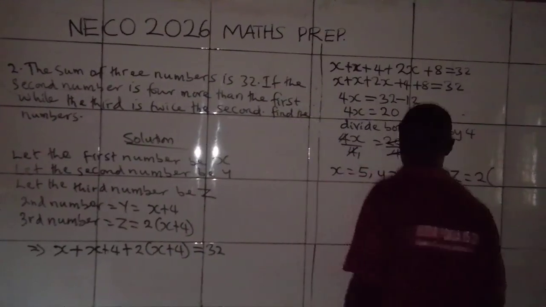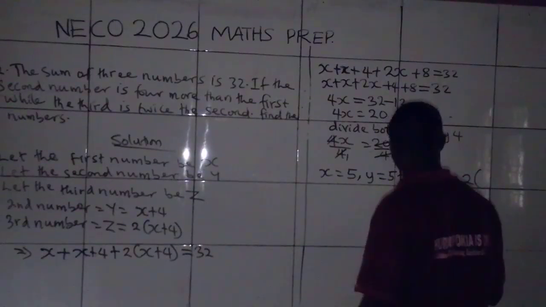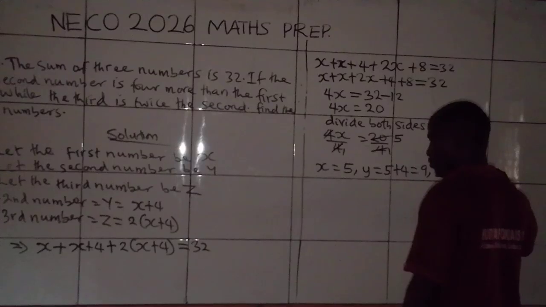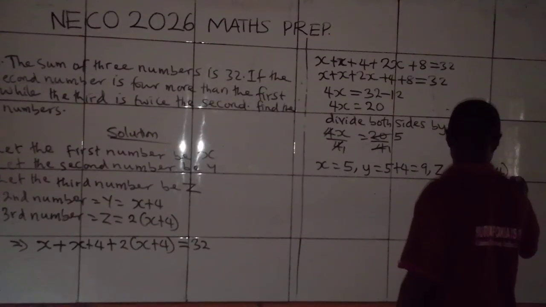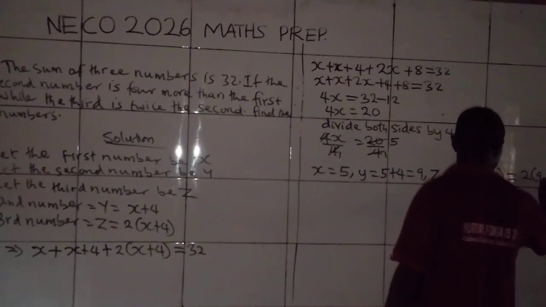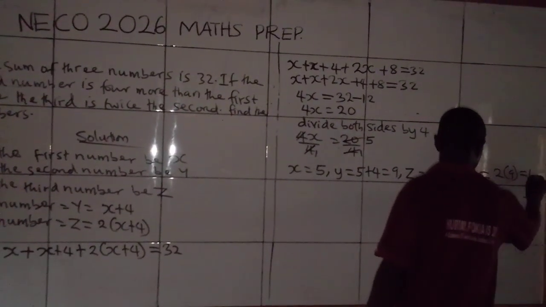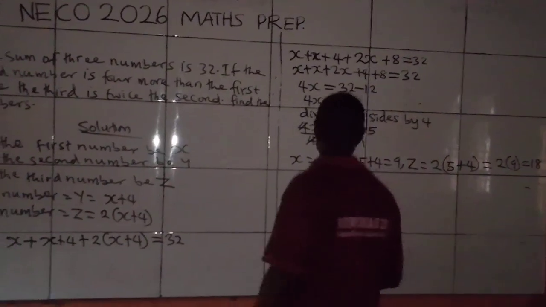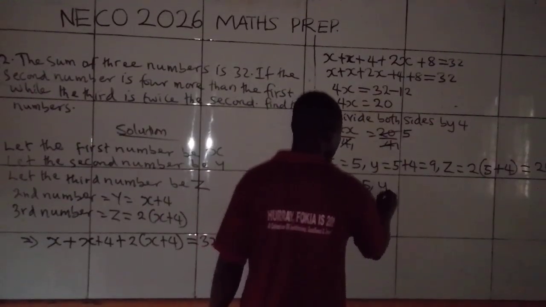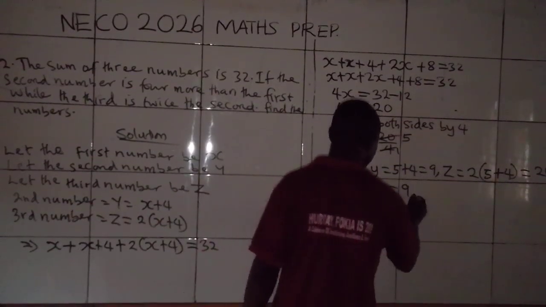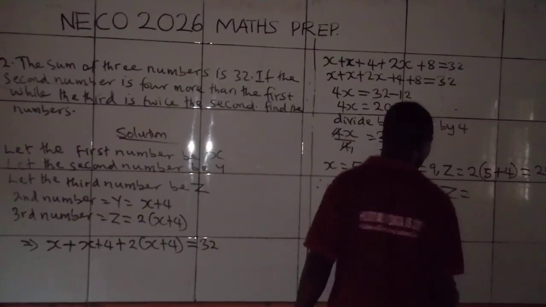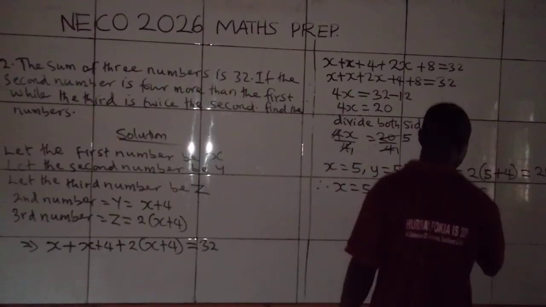So which means that z is equals to 2 into 5 plus 4. So z is equals to 2 into 9. That is 2 times 9, which is equals to 18. Therefore, x is equals to 5, y is equals to 9, and z is equals to 18.